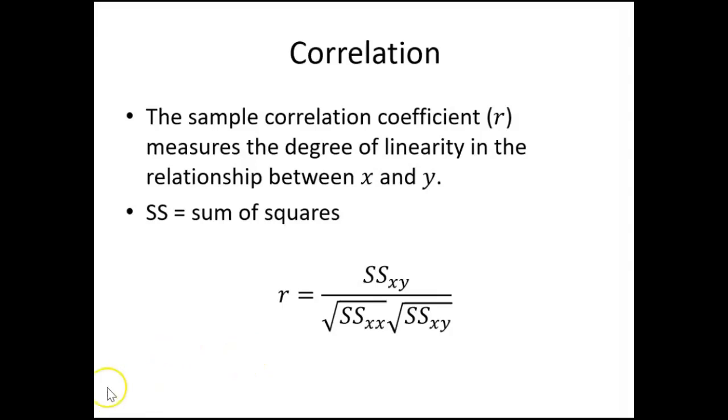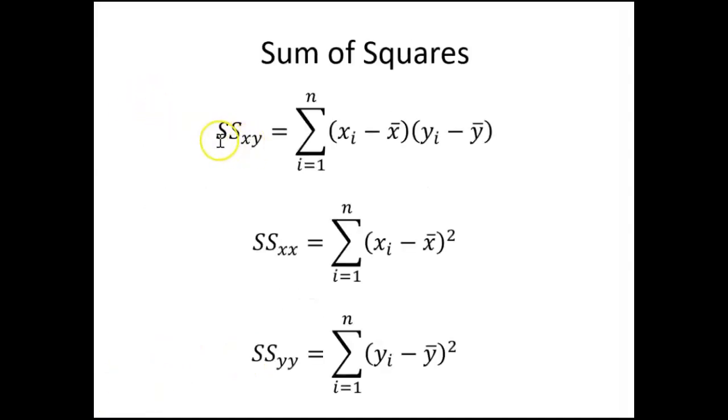Let's just review what these sum of squares look like. The SS of xy is the product of the deviations of each variable from its mean. So x sub i, as i goes from 1 to n, where n is the sample size, so for each x variable, we subtract the mean and estimate the difference, and then we multiply that by the same measurement for the other variable, which is denoted here as y.